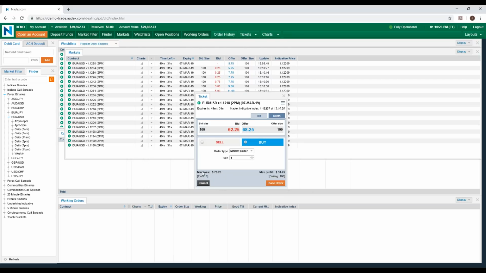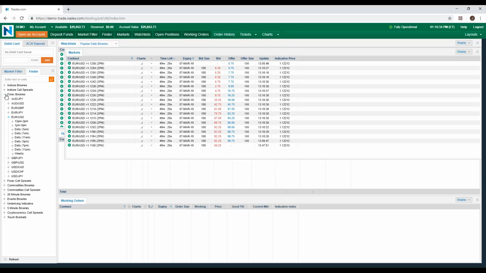So when I talk about maximum risk versus planned risk, we're going to talk a little bit about that. For those of you that understand binaries, you know what I'm talking about. You know that at expiration it comes down to that final moment, that final little bit, and you don't like seeing those big numbers.